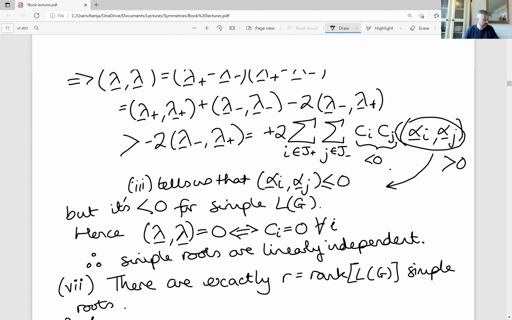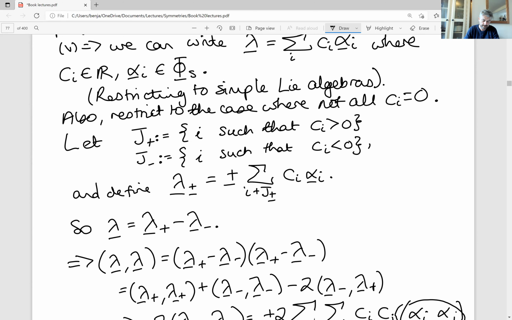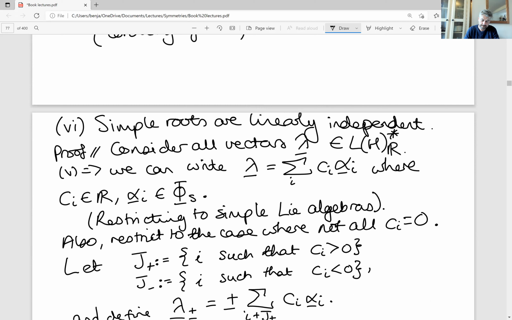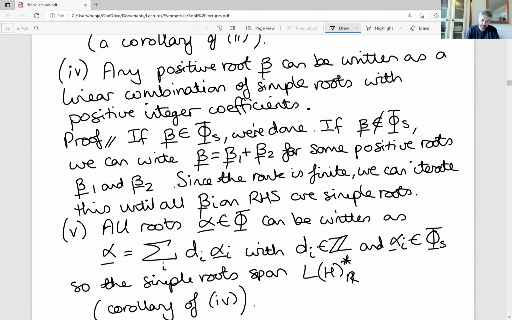So we've shown that the simple roots are linearly independent by property 6. And property 5 tells us that we can expand any root in terms of the simple roots with integer coefficients.